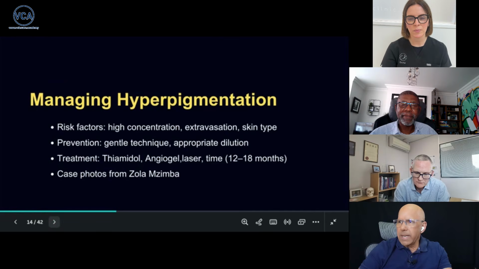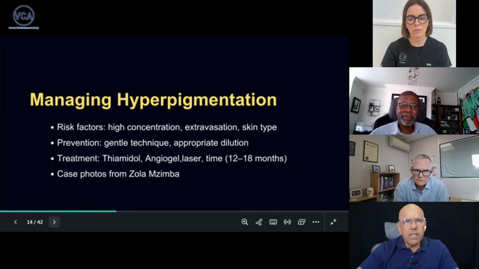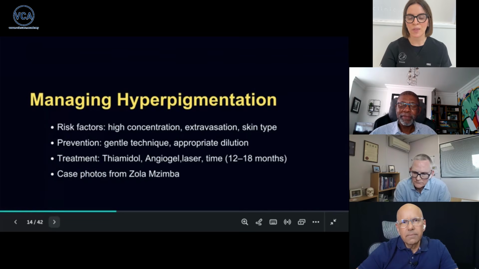So how do we avoid hyperpigmentation after sclerotherapy, what can we do to reduce it, and how can we treat it once it's established? Any suggestions, Emma? The starting point is that I would tell most patients that they will probably see some hyperpigmentation.